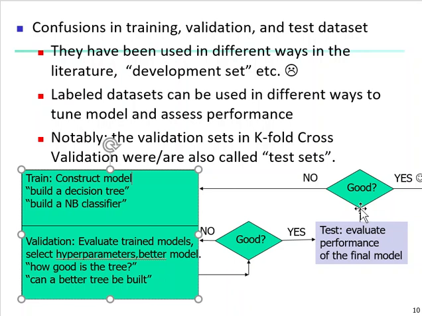Recall our example of the algorithm that learned to find tanks in a forest. The learning algorithm was performing greatly on the training and validation sets, but when they moved to a different setting, the performance dropped dramatically because the algorithm was learning the raindrops, not the tanks, in the training examples.